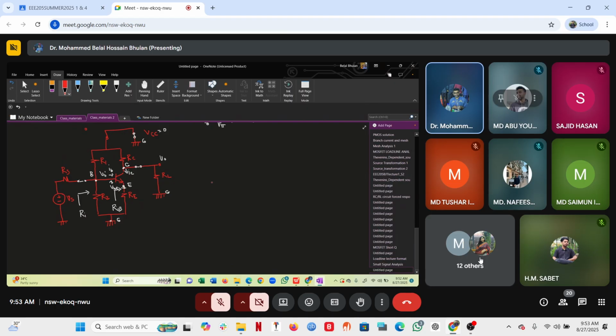Let's say we draw the BJT. Notice from the base terminal, we have one resistance R2 connected to the ground. And then we have another resistance R1, which also goes to the ground. You see, from base, it goes to the ground.